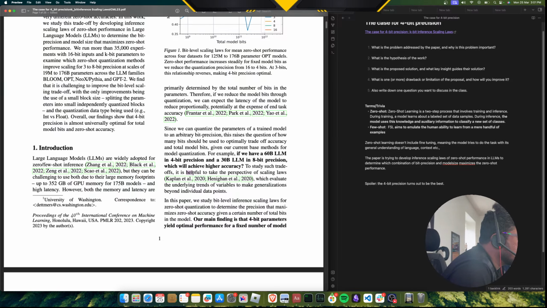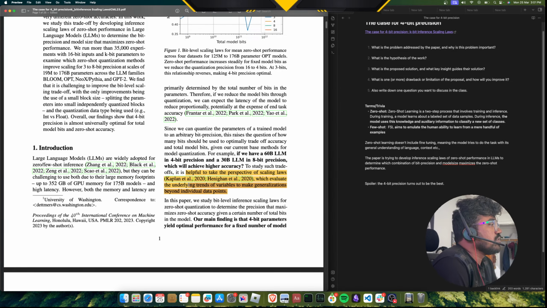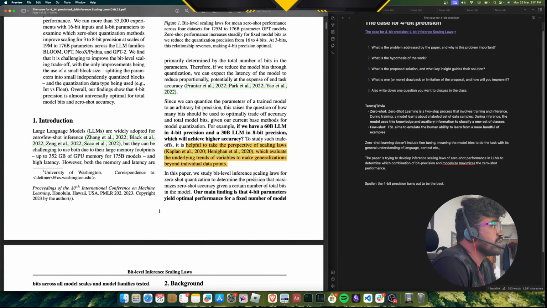In this paper, we study bit level inference scaling laws for zero shot quantization to determine the precision that maximizes zero shot accuracy given a certain number of total bits in the model.